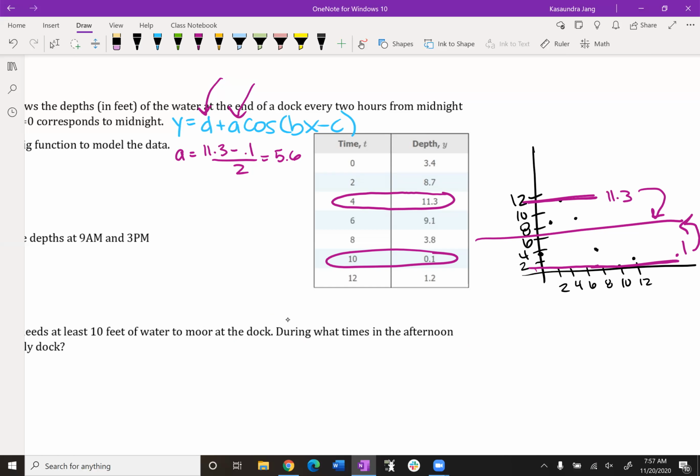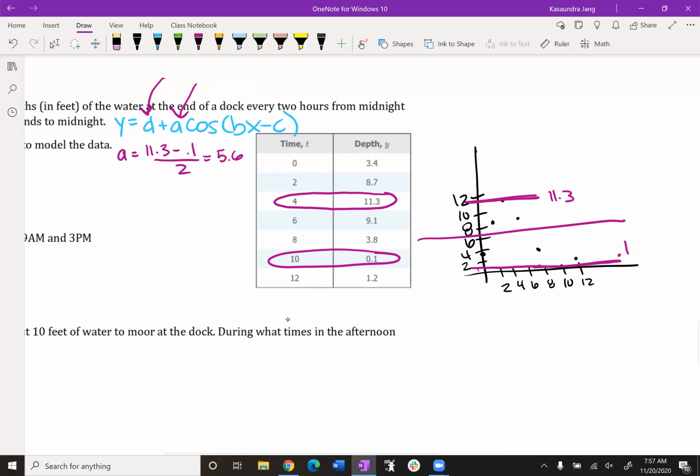Either way, I should end up in the middle of this graph. My 11.3 minus 5.6 is 5.7, or 0.1 plus 5.6, also 5.7. So 5.7 is the middle of my graph. That means the D is 5.7. Okay, so I found the A, I've got the D.